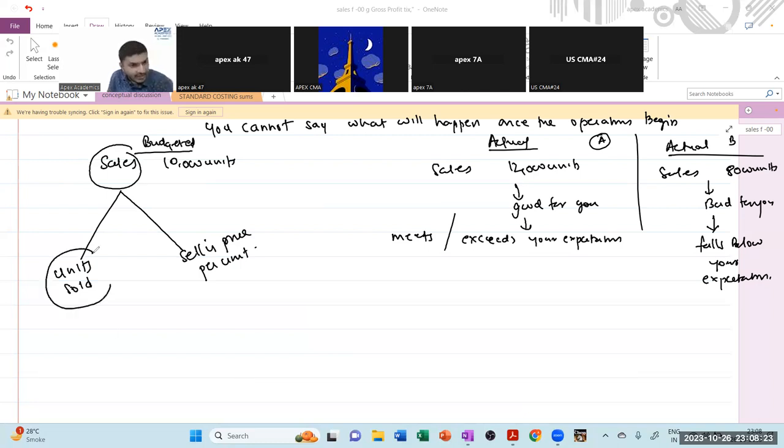I can predict how many units I want to sell. I can predict at how much I would like to sell it, but how much I actually went out there and sold is going to be different from the predictions.